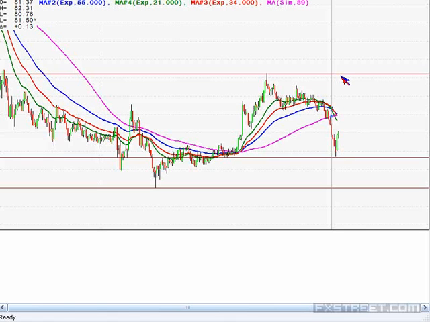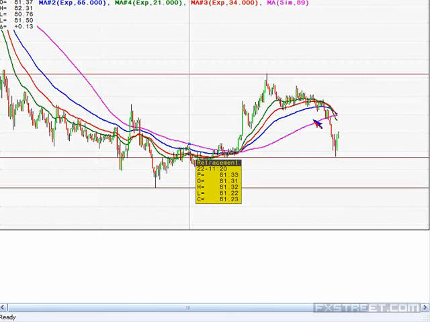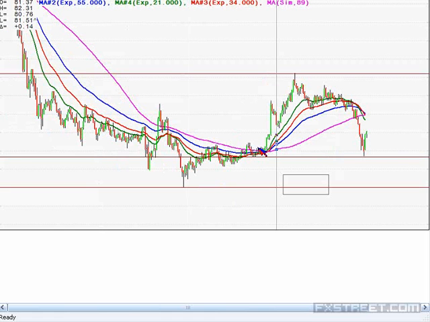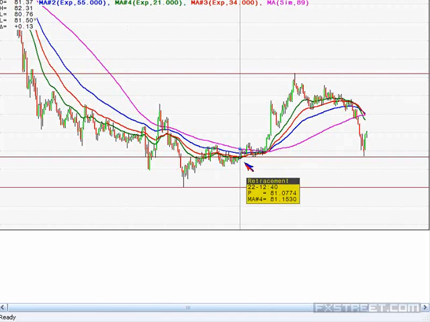Once the price breaks or clears this barrier at 82.30, then we can be pretty sure that the hourly trend has reversed from down to up. So till then, right now the picture on this market is the bulls and bears are not sure, but the bears are beginning to weaken.